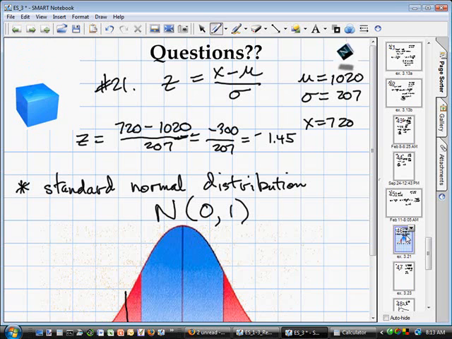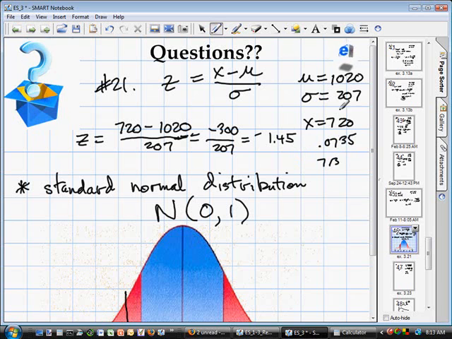We want the percent, so for negative 1.45, I get 0.0735. So in percent form, that would be 7.3%. I got that too, because I checked back and it said it's supposed to be like 9.